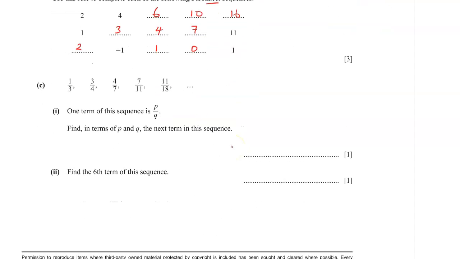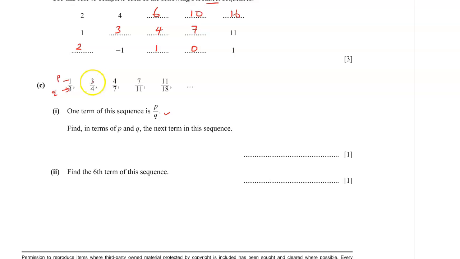C, we have these fractions. One term of this sequence is P over Q. Find in terms of P and Q the next term in this sequence. In terms of P and Q, therefore this one you are seeing, this is P, this is Q, therefore it should always be like this.